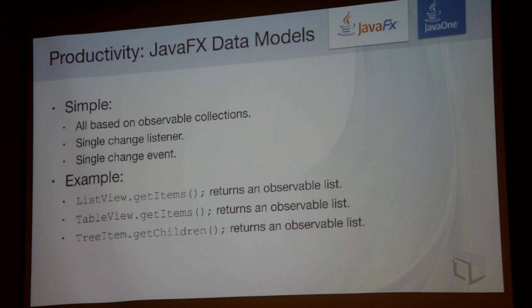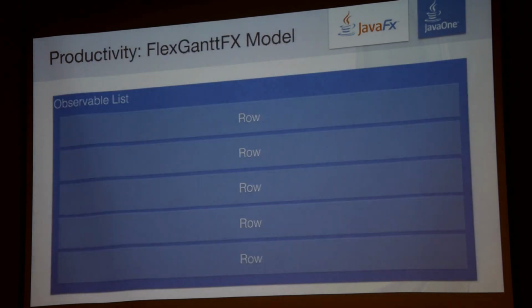So observable collections, and there's a single change listener and a single change event. So for example, the list view in JavaFX has a method called getItems that returns an observable list. Table view returns an observable list of items. And each tree item returns a list of children that is again observable.